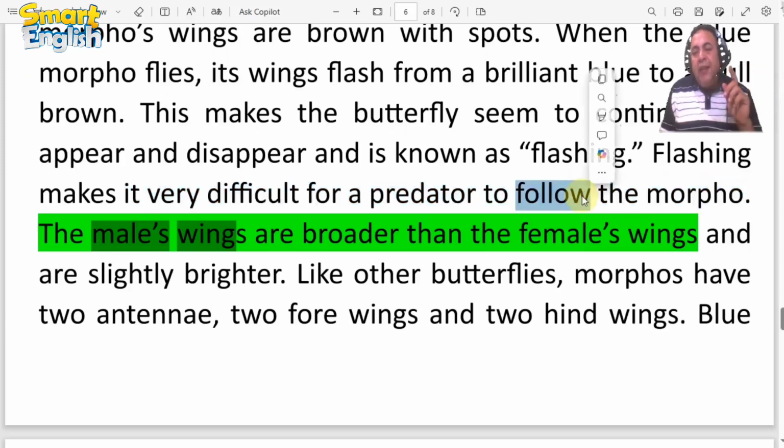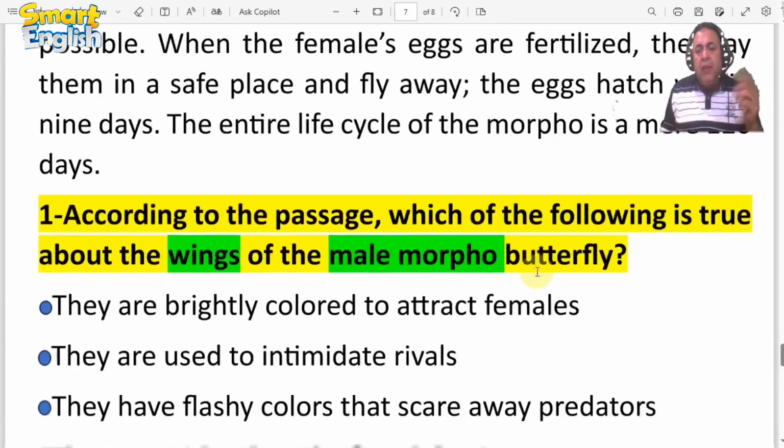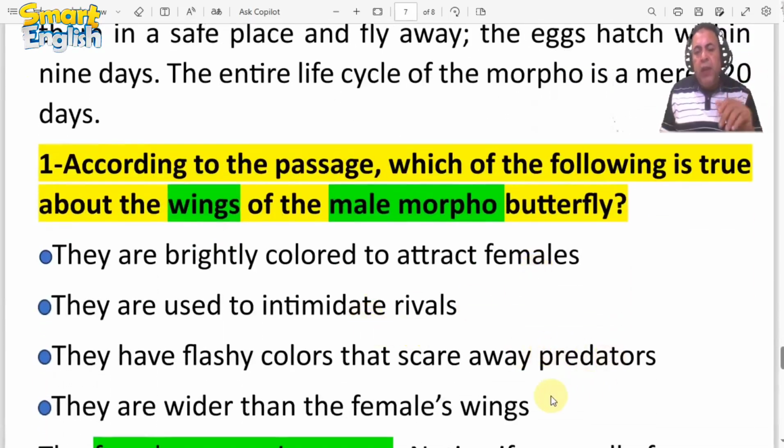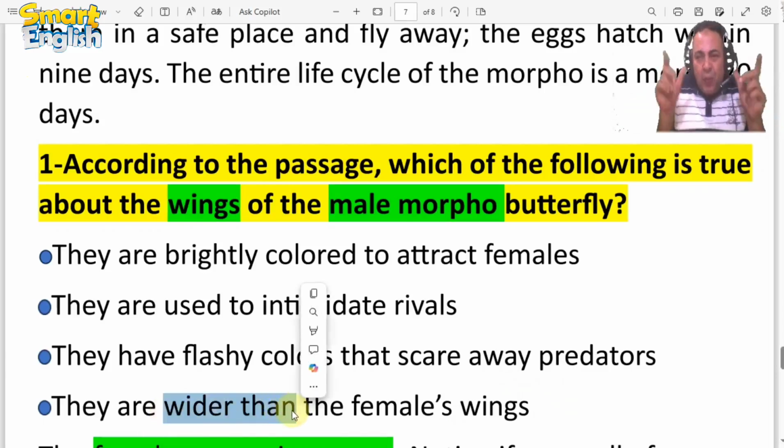He didn't say that it is a defense mechanism or defense. So now the third answer is not correct, and you can conclude that the right answer is number 4. They are wider. We have said before that the two wings of the male morpho butterfly are wider, broader, bigger, larger than the female's wings.